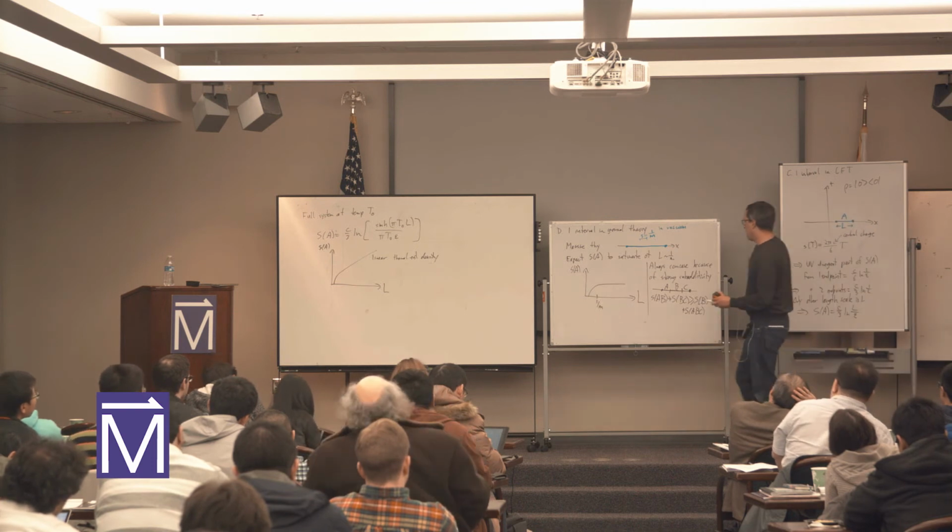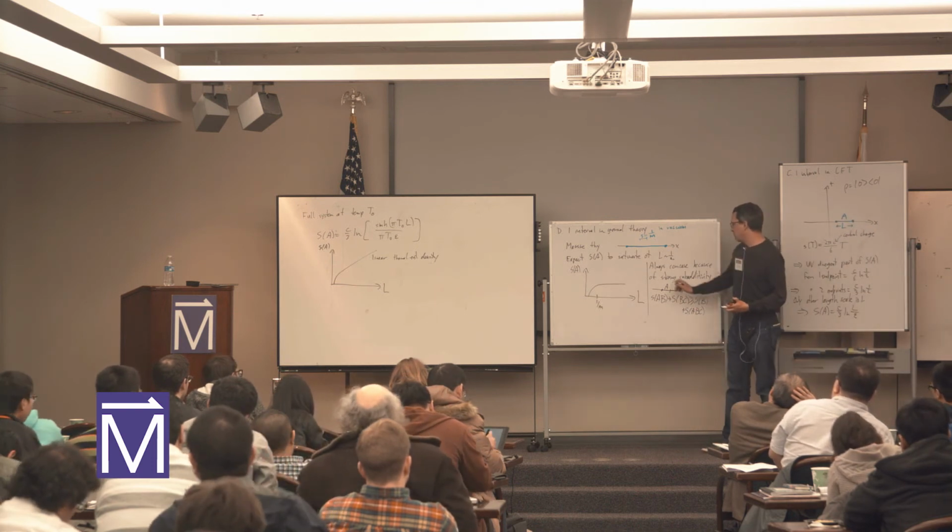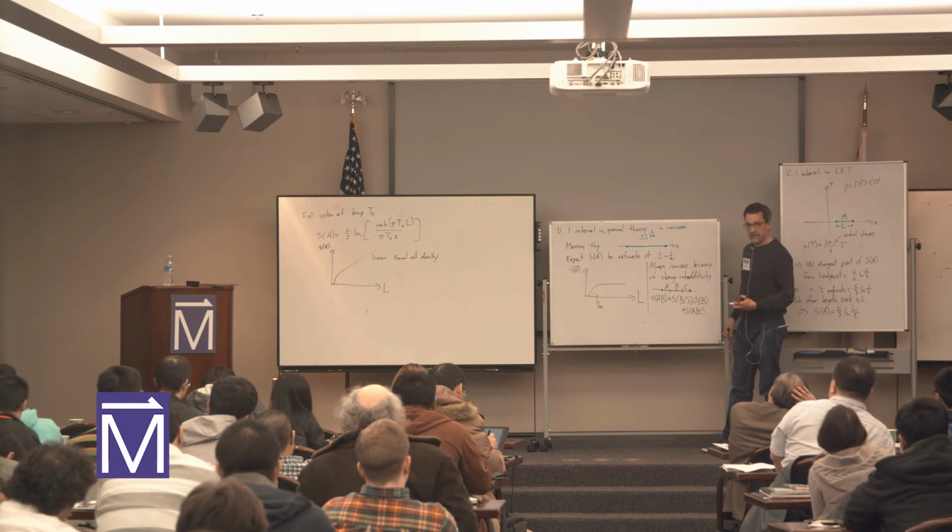So the second derivative by virtue of this inequality is always negative.